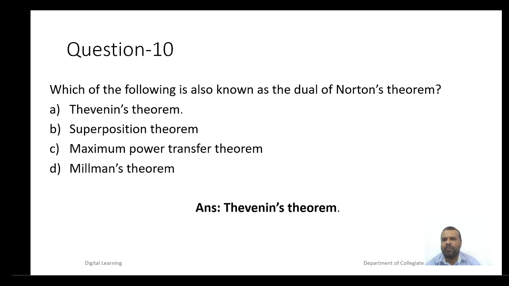Question number 10. Which of the following is also known as the dual of Norton's theorem? Option A, Thevenin's theorem, B, superposition theorem, C, maximum power transfer theorem, D, Millman's theorem. The correct answer is Thevenin's theorem.